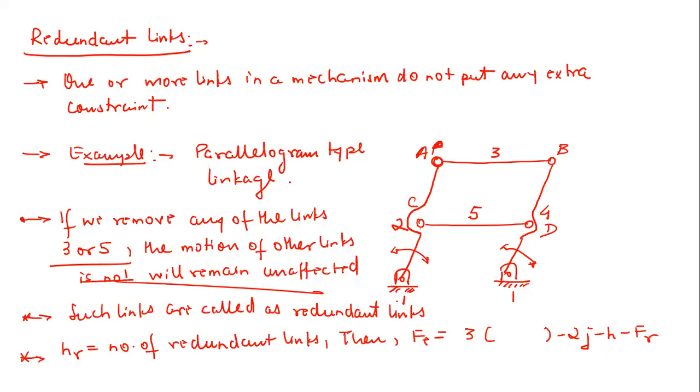N minus NR minus 1. Very good. So in this case, you simply subtract one link from the entire mechanism. Very easy, right? Because one link is extra. It is not putting any extra constraint in the mechanism, right? So it will simply be Fe equals 3 times (n minus NR minus 1) minus 2j minus h minus fr, right?